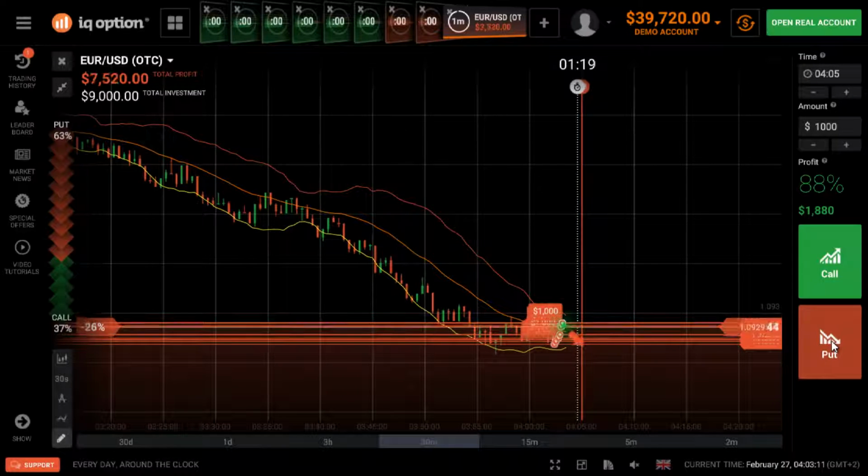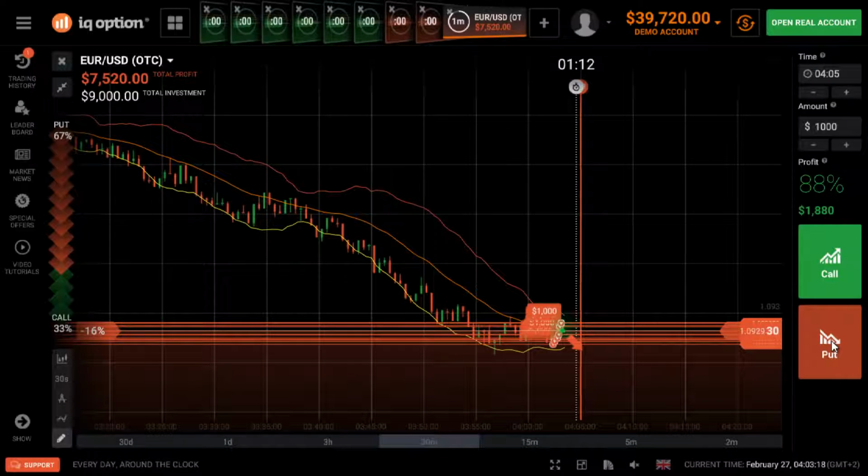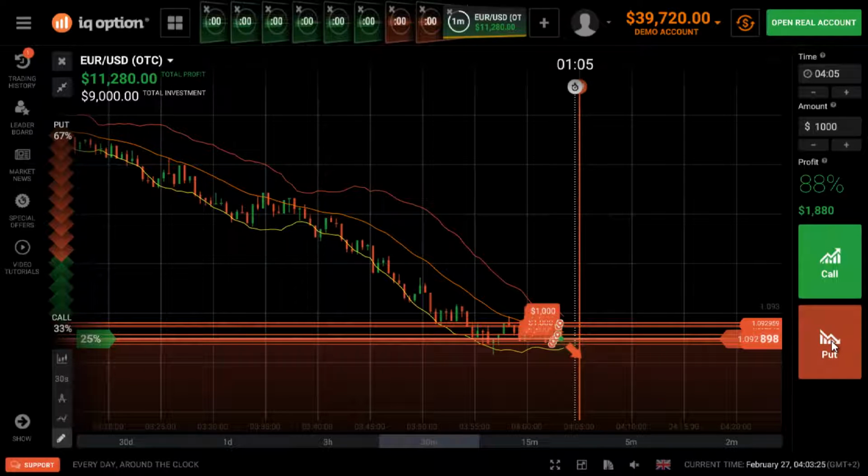Bollinger Bands are also getting very narrow. So all my nested positions are about the size of the Bollinger Band itself.